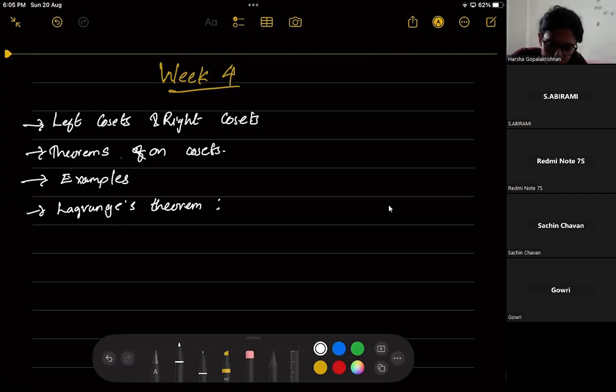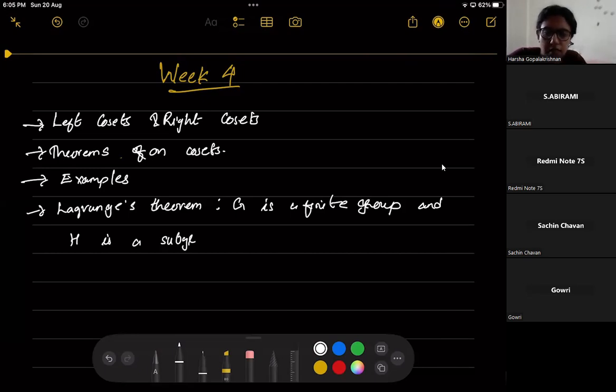Yes, if G is a finite group and H is a subgroup of G, then order of H divides order of G. So this is what Lagrange's theorem states. This is one of the important theorems.